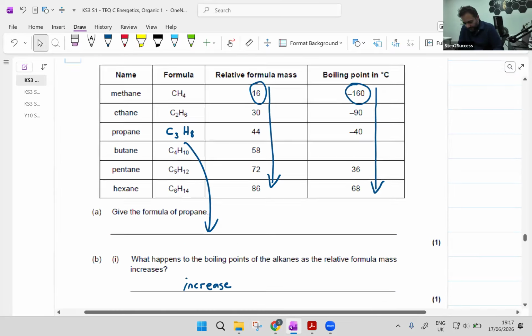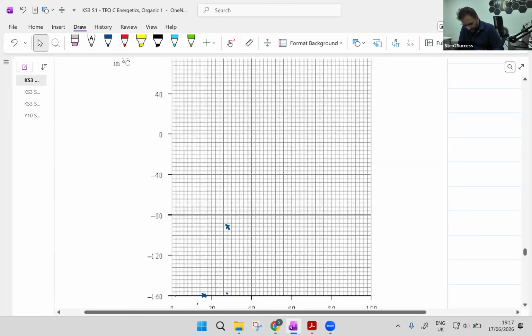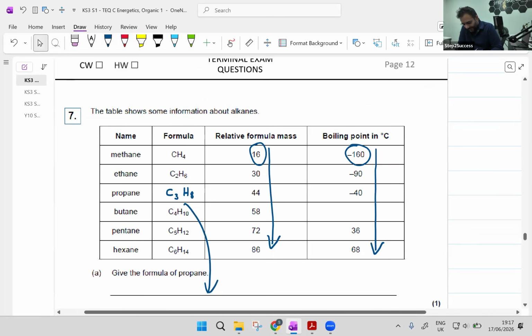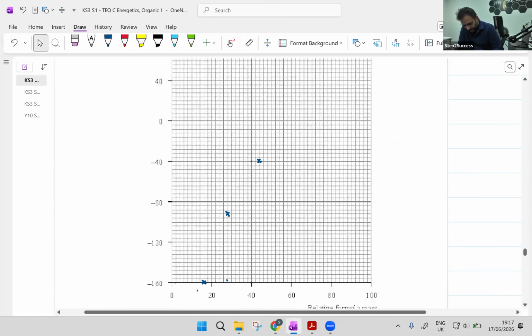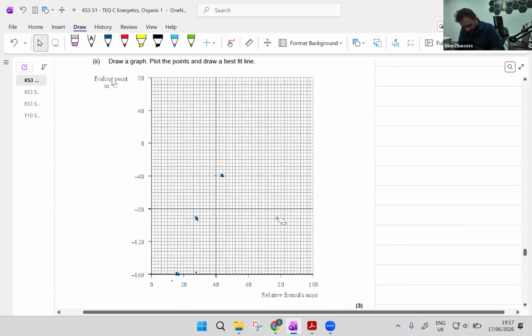And then 44 is minus 40. Minus 40 is there, 40 is there. That'll be about there. Can't do the next one because there's a gap here. And then 72, 36. 72 is about there. I'm doing it quite roughly here.